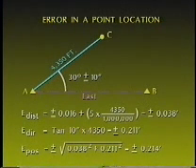Remember that if we want to determine the precision of our measurements from A to C, then the angular error and distance error must be the standard deviation, or 90% error. If we want to determine the accuracy of point C, then the angular error and the distance error must be the standard error of the mean, or the 90% error of the mean.